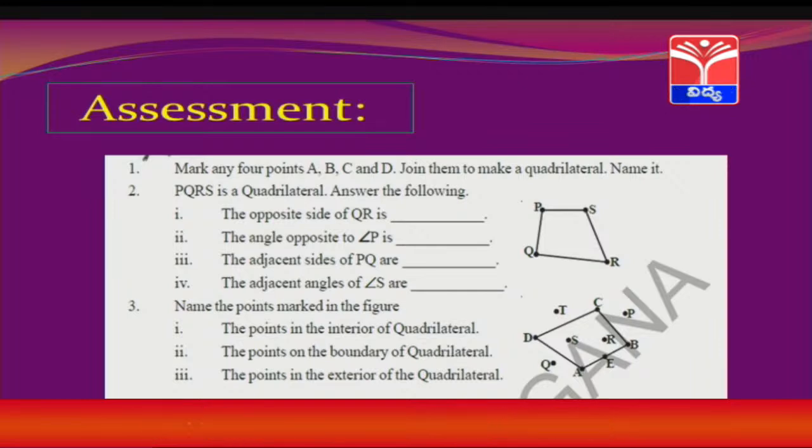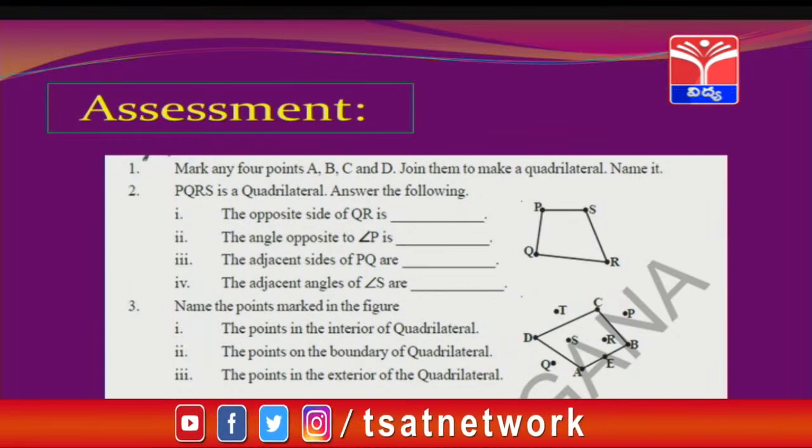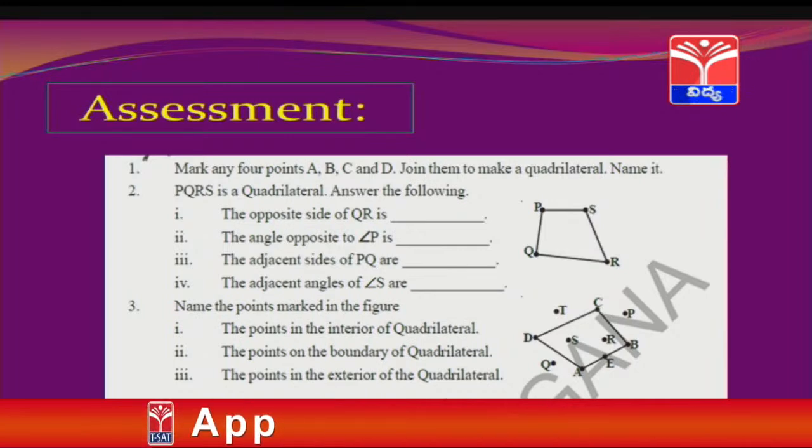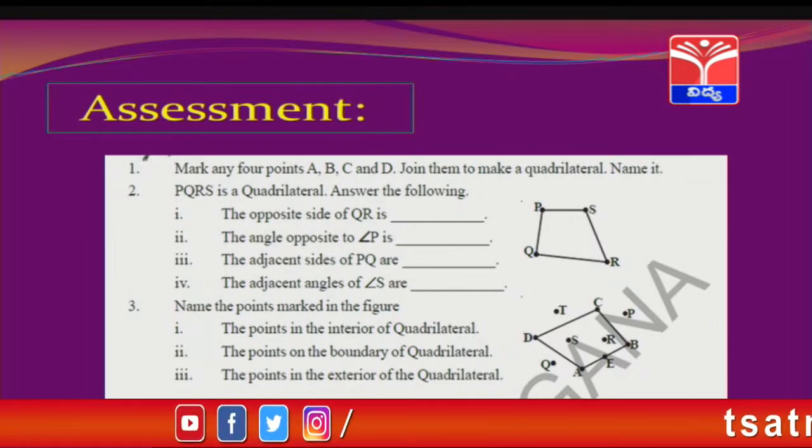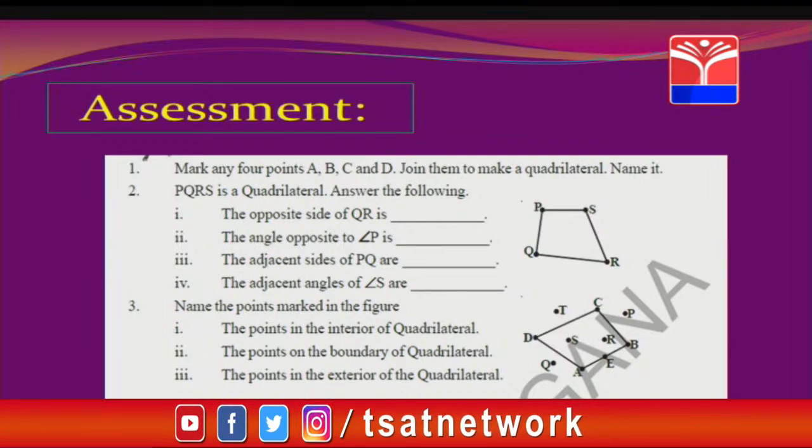PQRS is a quadrilateral, answer the following. First, draw your own quadrilateral and name it, then see the figure and answer the questions. The opposite sides of QR, the opposite angle of P, the angle of S, the adjacent side of PQ, like this.